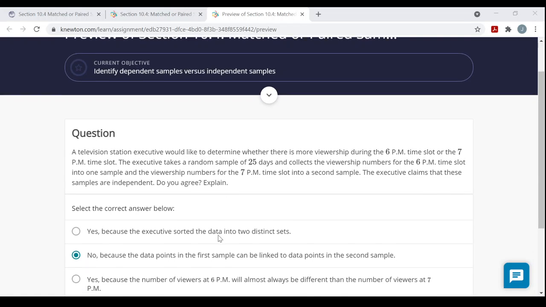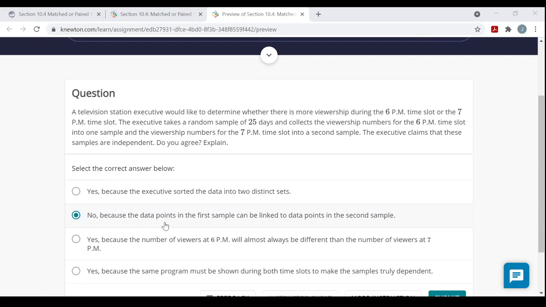As you already saw, I answered no, because the data points in the first sample can be linked to the data points in the second sample. Let's think about that. 6 p.m. and 7 p.m. for this one television station are back-to-back hours.